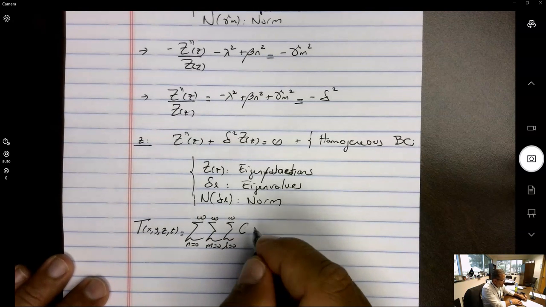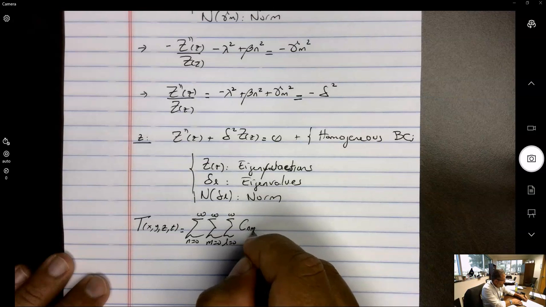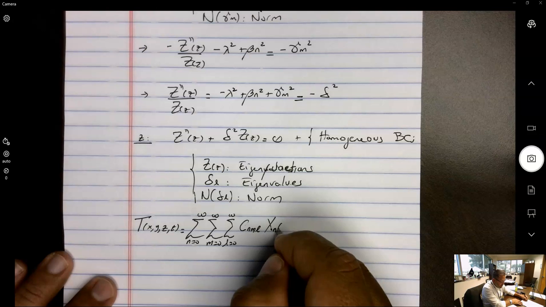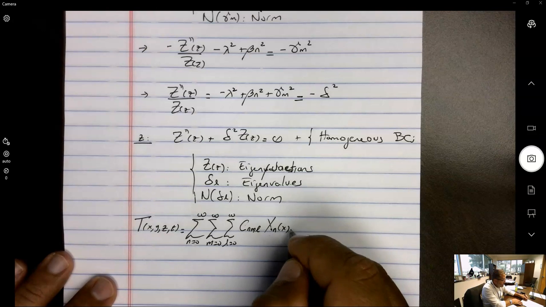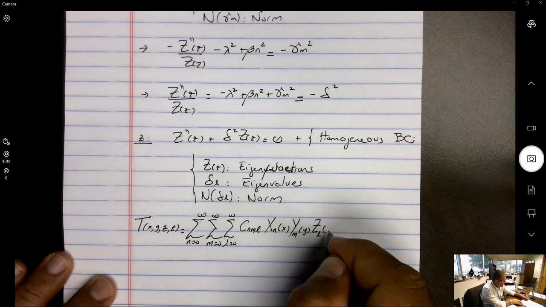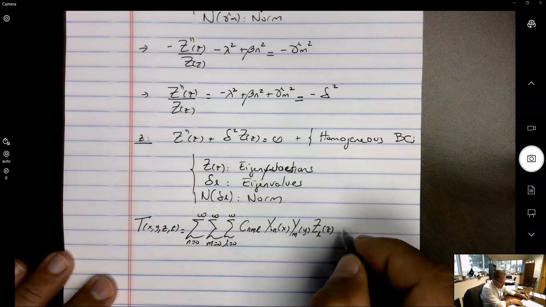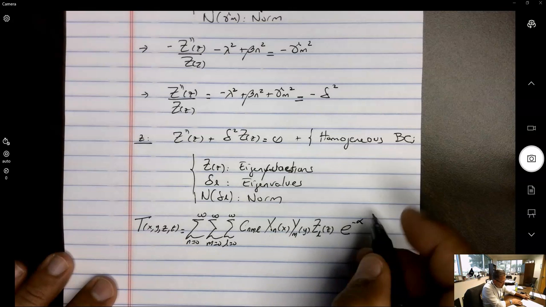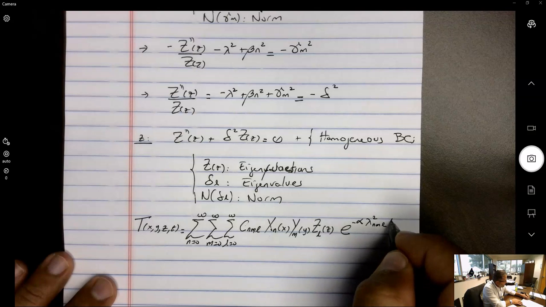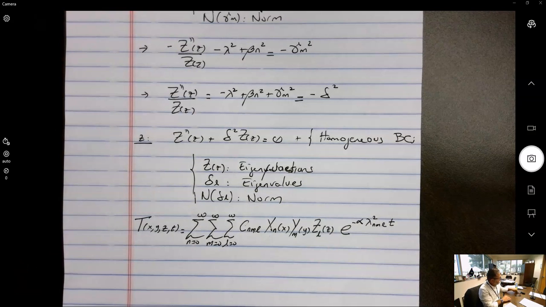Then we have a constant of integration, which we'll call C_nml. We have an eigenfunction in the x direction, indexed by n, an eigenfunction in the y direction, indexed by m, and an eigenfunction in the z direction, indexed by L. And we have e to the minus alpha lambda_nml squared t. That is the general solution.